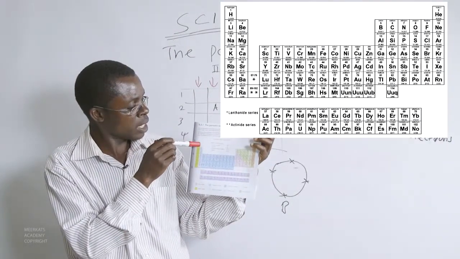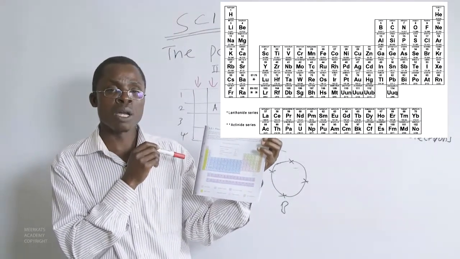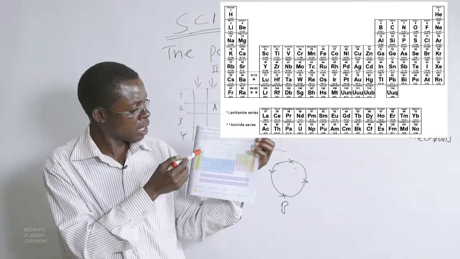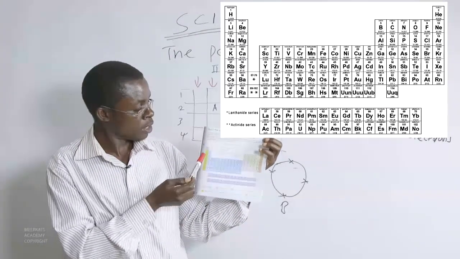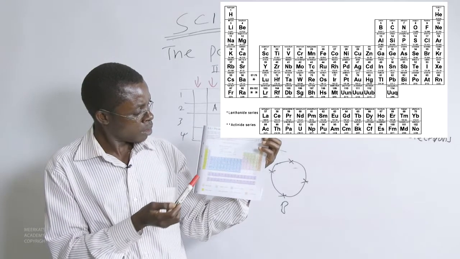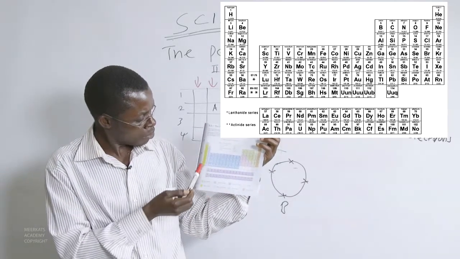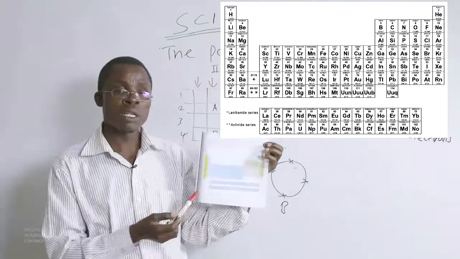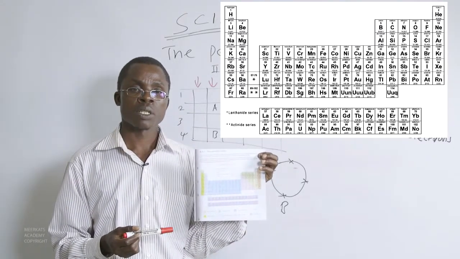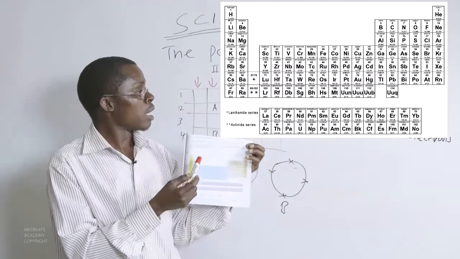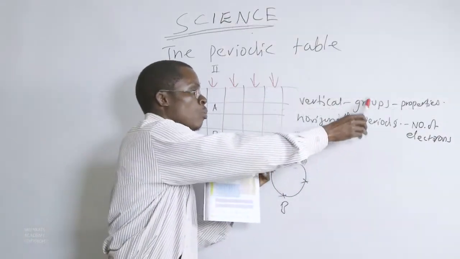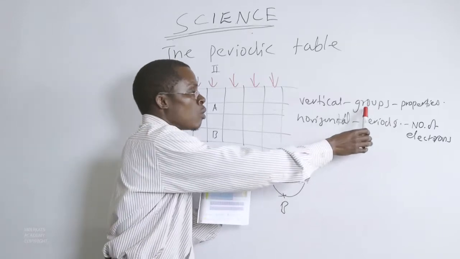The one that is in green is by the name hydrogen. And the ones that are at the bottom, we have an example of lithium, sodium, potassium, rubidium, cesium, and francium. These are elements that lie in the same group, vertical, same group.